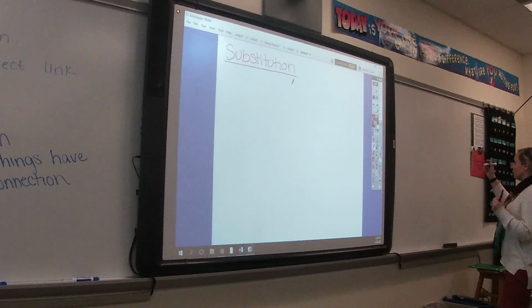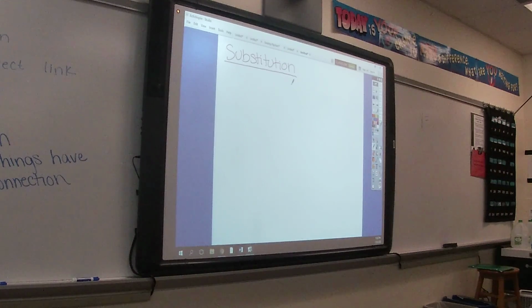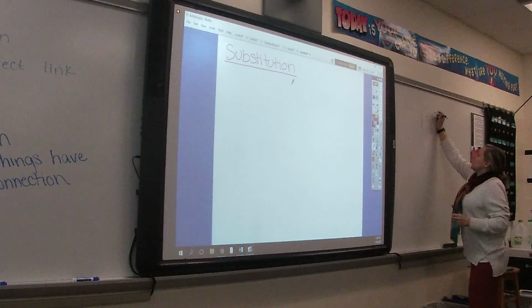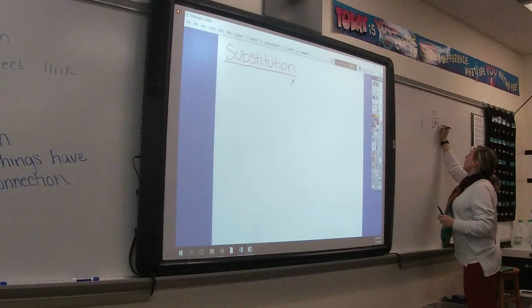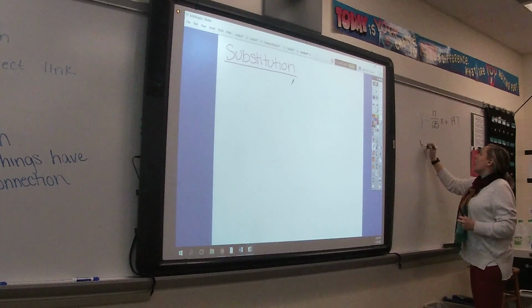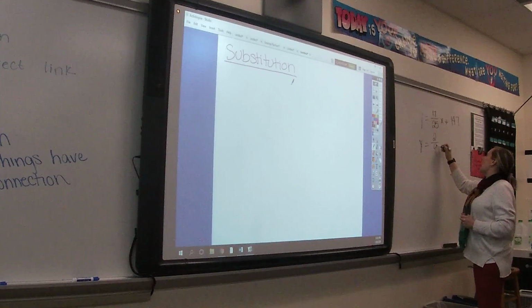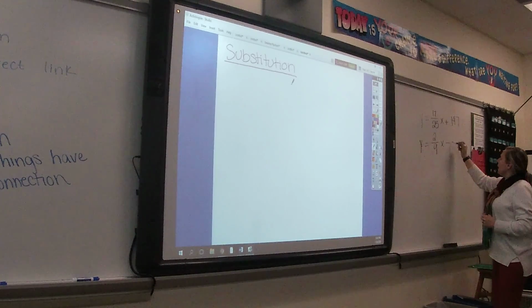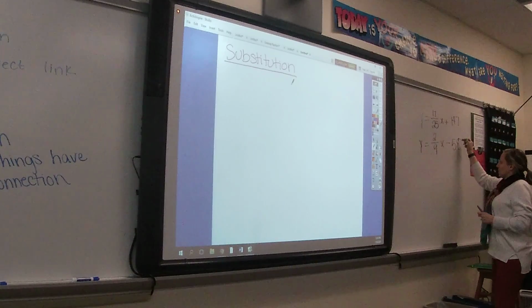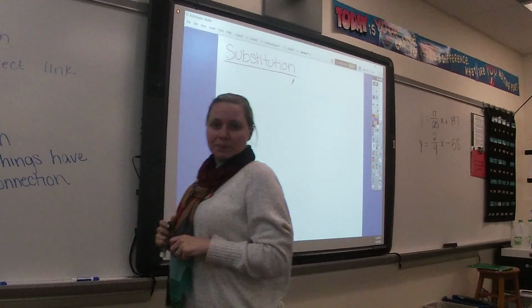Because what happens if we say, oh, this marker is terrible. What happens if we say y equals 17/25 x plus 147 and y equals 2/9 x minus 58. And we want to solve that system by graphing.